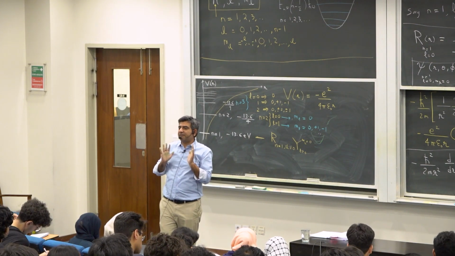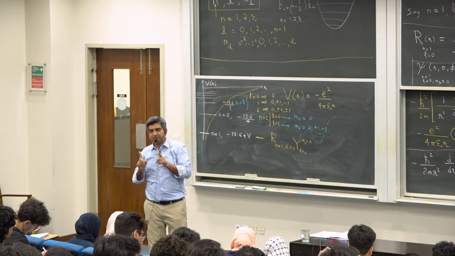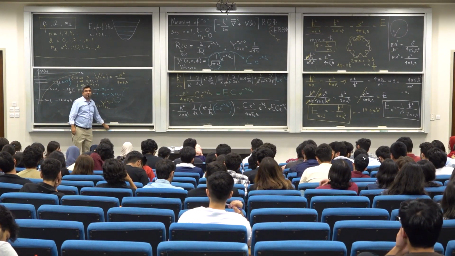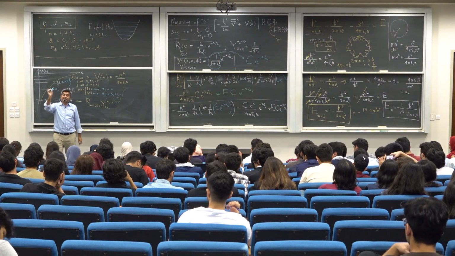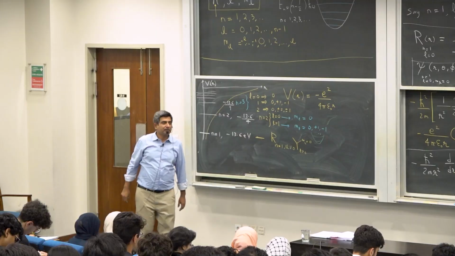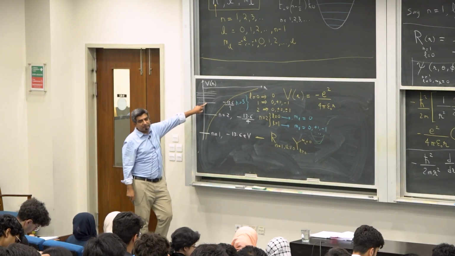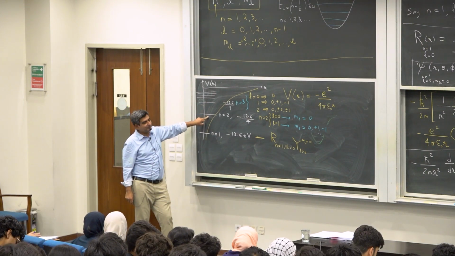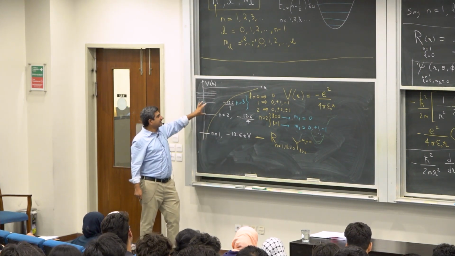It's about 656 nanometers. Right. So where does that line come from? If I were to look at the n equals 3 level and the n equals 2 level, there's an energy gap.